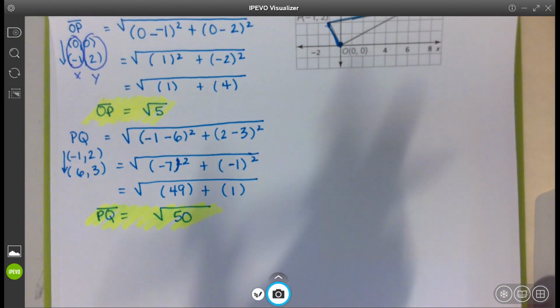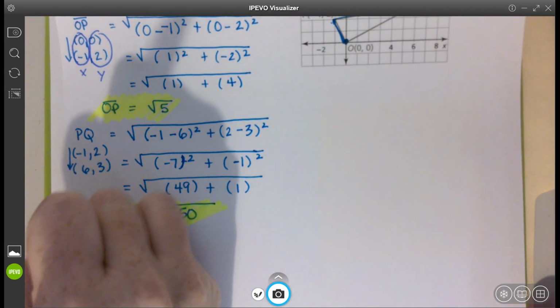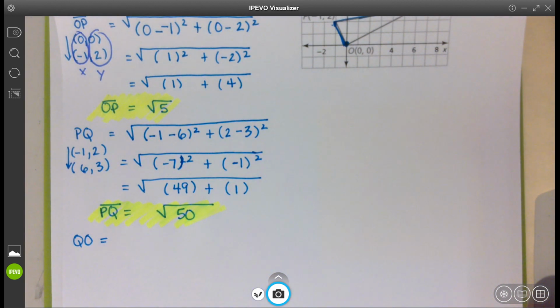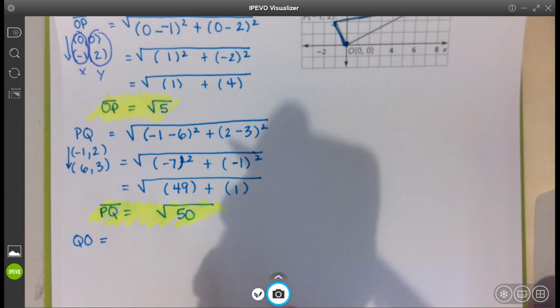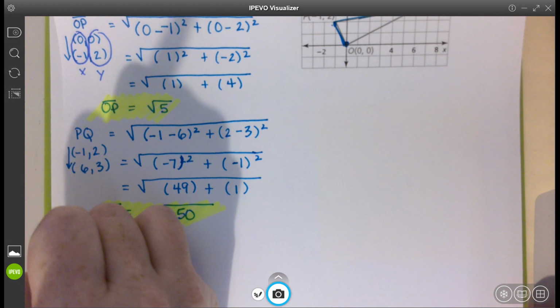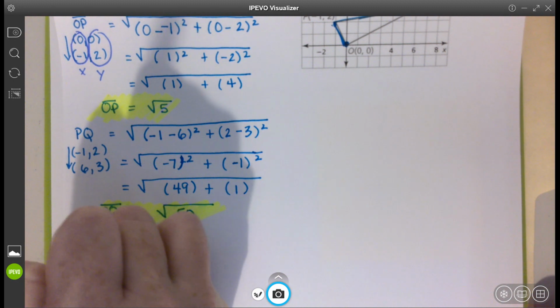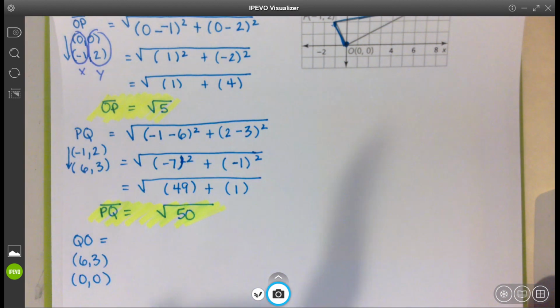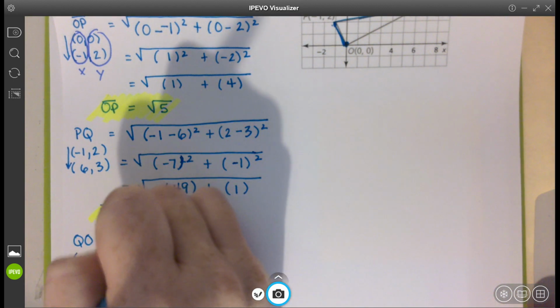And we're going to go from Q to O. Again, I recommend pausing your screen and trying to solve this on your own. So here we have 6, 3, and 0, 0. All right, so now plugging in.